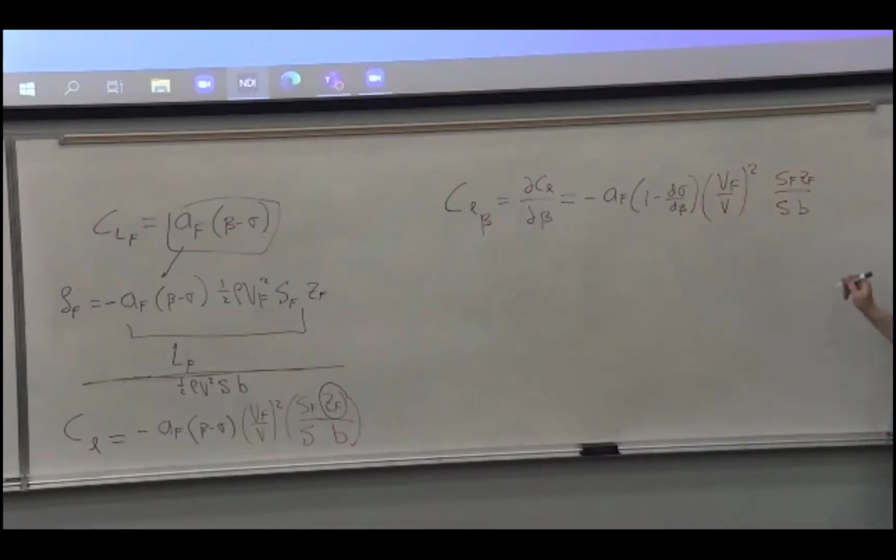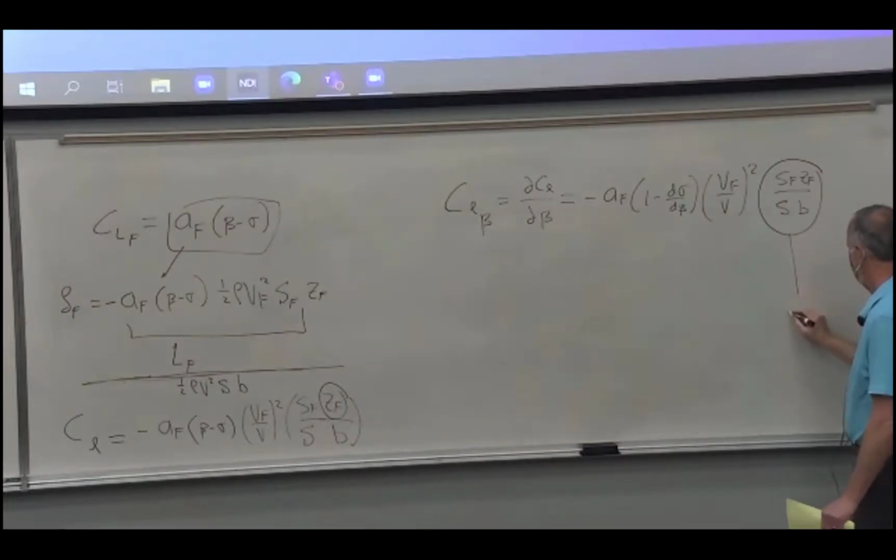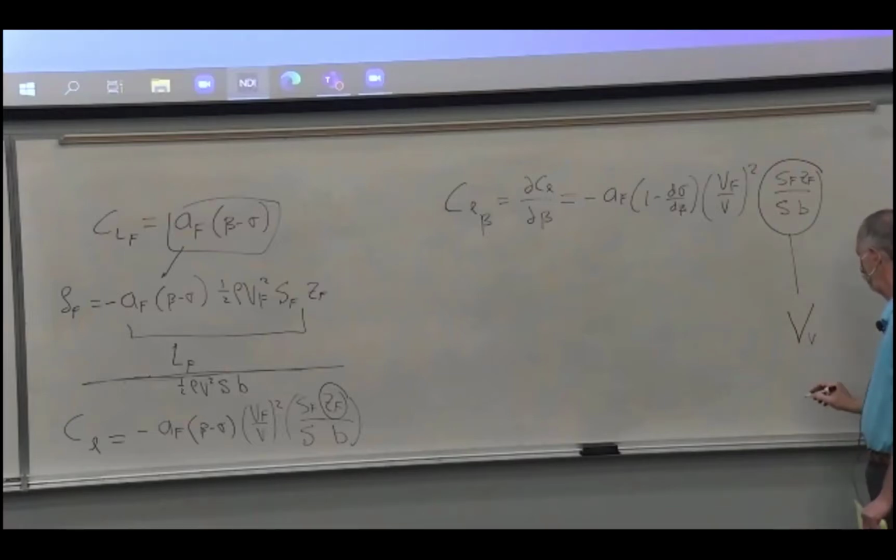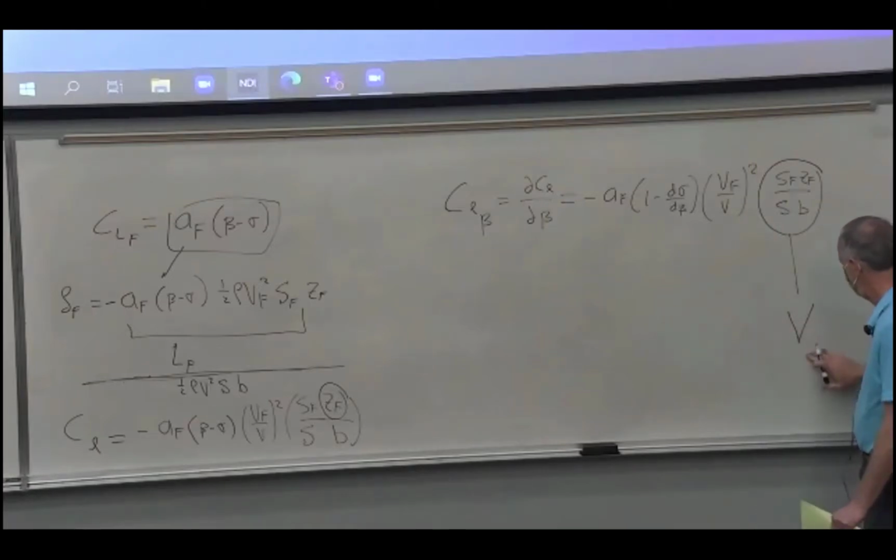And maybe you're sitting there and saying, yeah, I'm getting tired of writing this thing. What are we going to call this? Well, that's a volume ratio. Problem is, we've already used V sub V. We've already used V sub H for the horizontal tail. Of course, that doesn't make sense for this. We've already used V sub F, right? So what are we going to use?